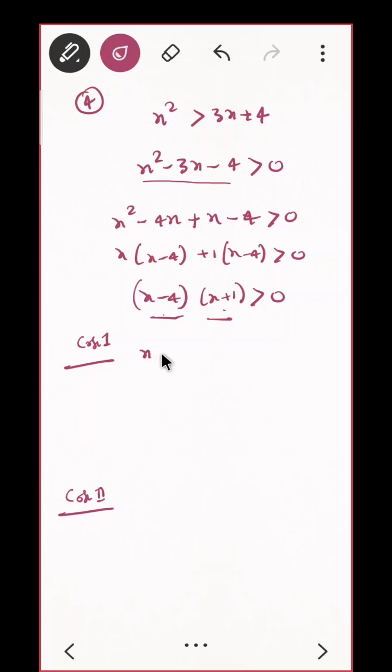That is case 1: x minus 4 is positive and x plus 1 is also positive. See, this word 'and' is important here. When you have cases, that means you have 'or'. For 'or' you use union. For 'and' it is intersection. These are important logical connectives. And what about this? Both are negative. Is that clear, everyone?